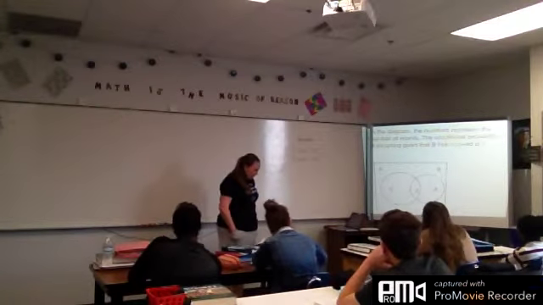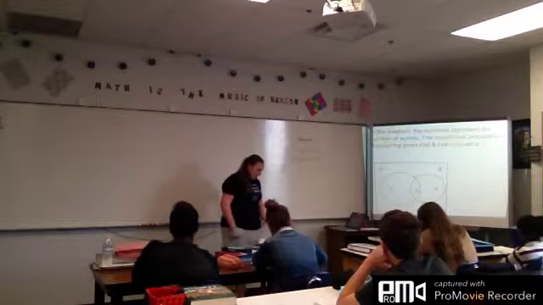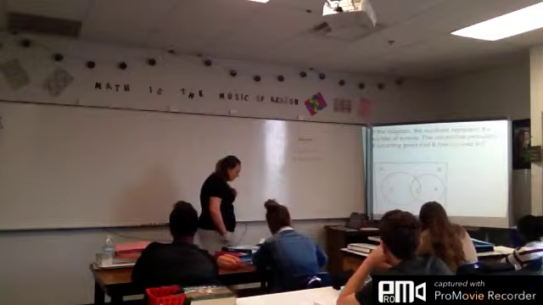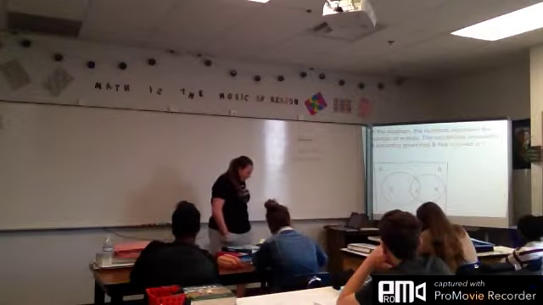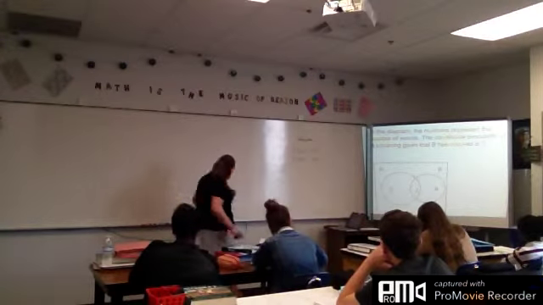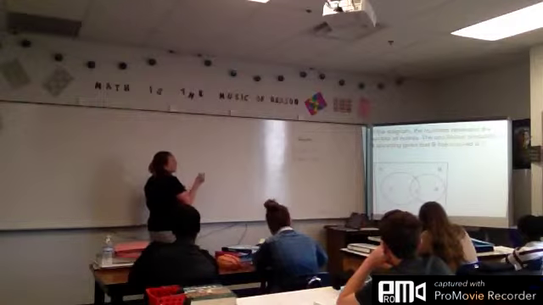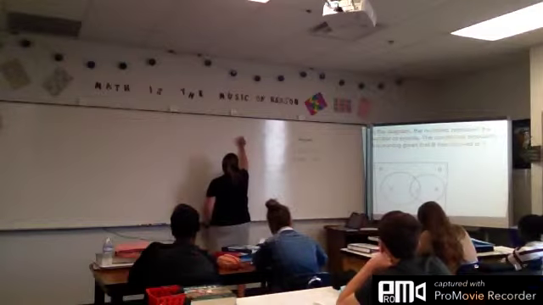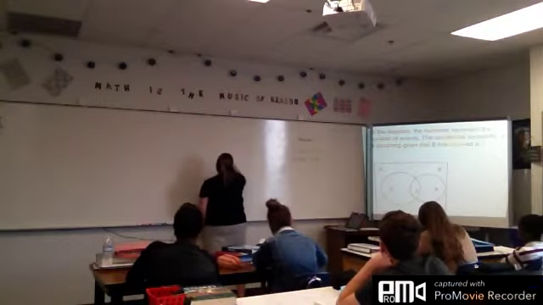They want us to find the conditional probability of A occurring given that B has occurred. That means, okay, how would I set that up? What are they asking when they say the conditional probability of A occurring given that B has occurred? Probability of what? A.